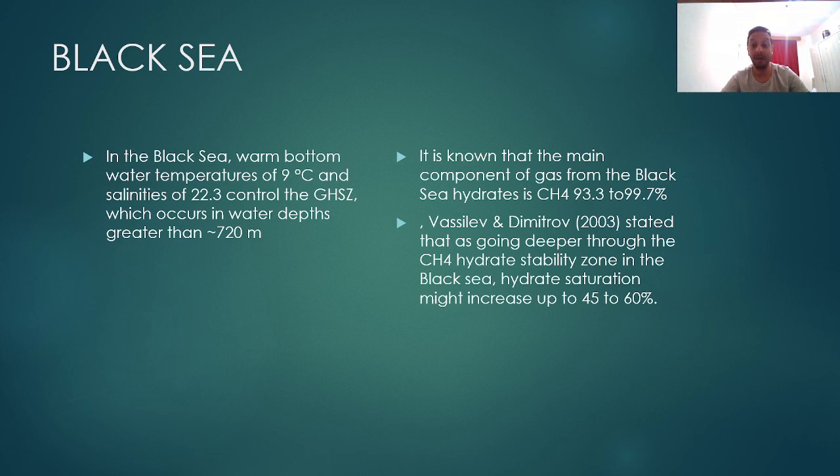It is also known that the main component of the gas from the Black Sea hydrates is methane, with a range of approximately 93.3 to 99.7%.